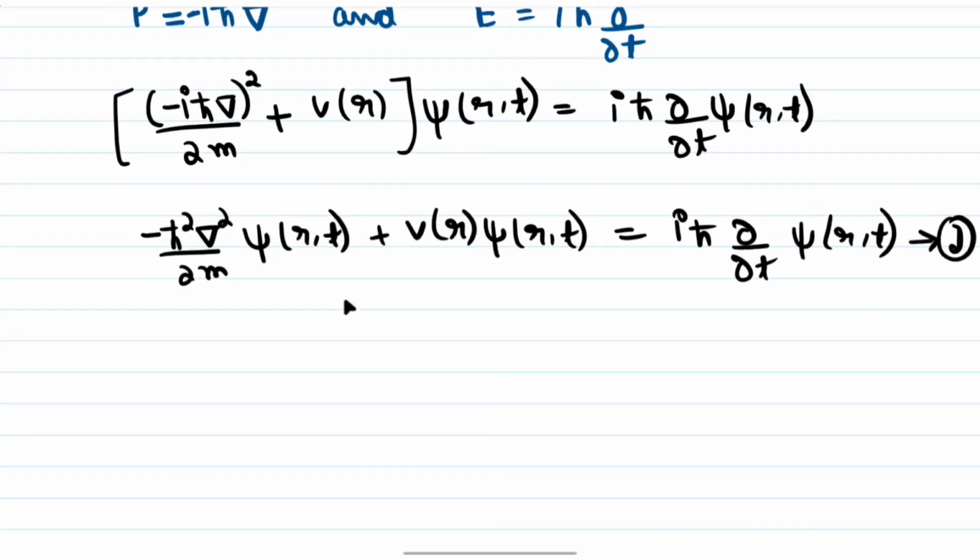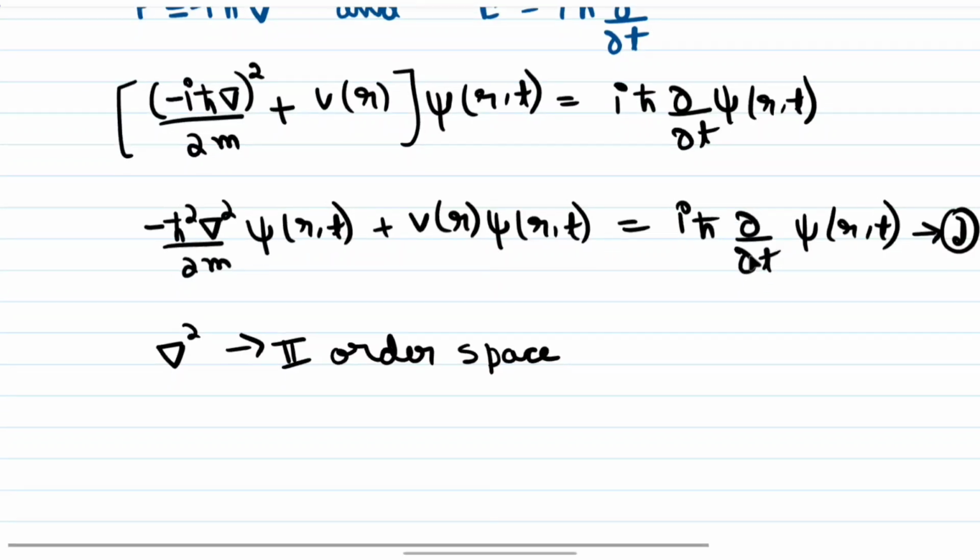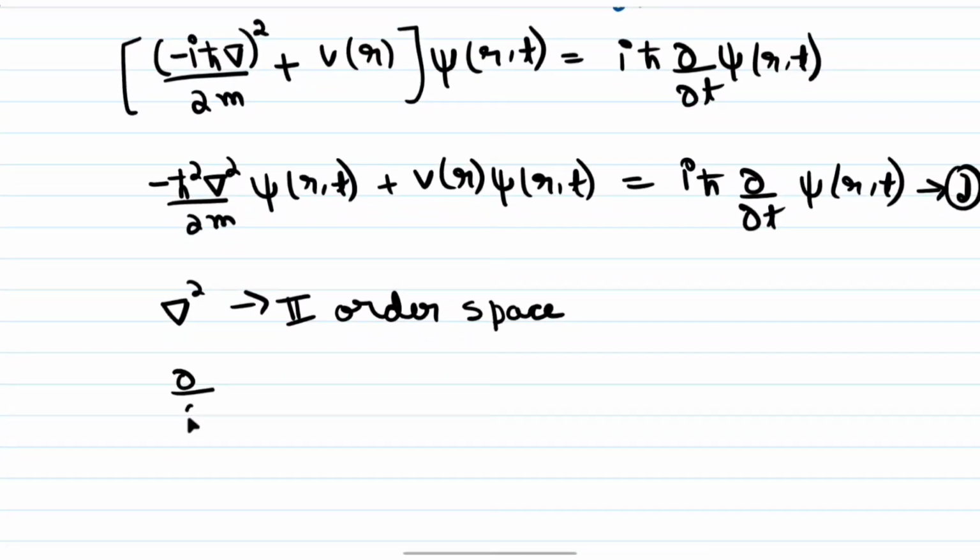If we observe equation 2, we can see the equation is second order in space, with the del operator. And if we observe the dou by dou t term, we can say the equation is first order in time.